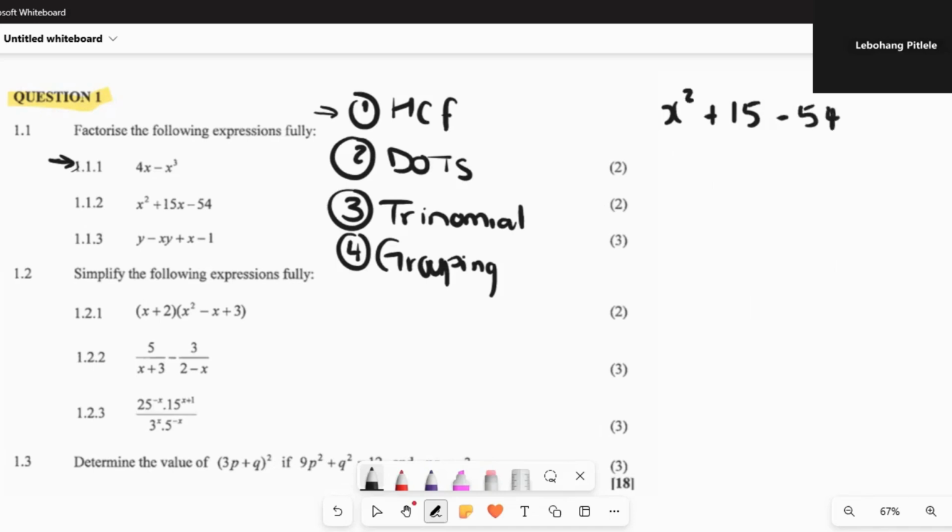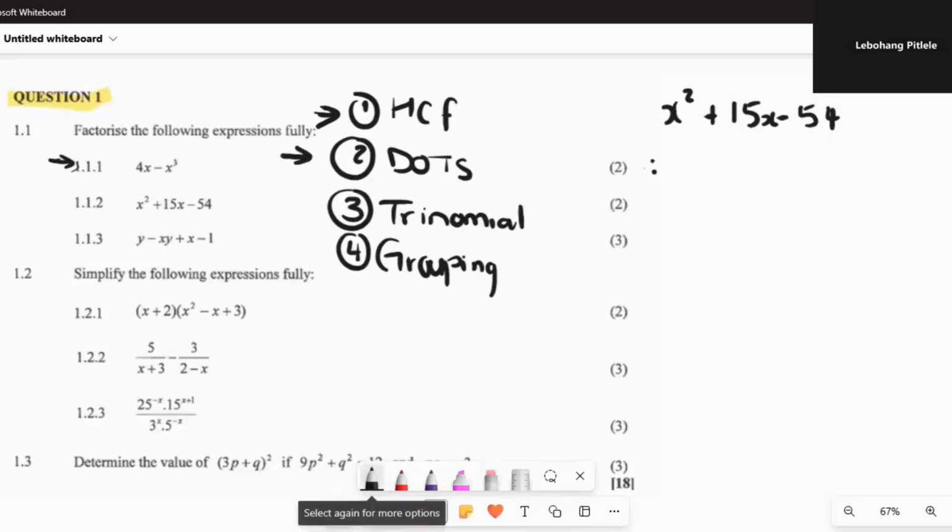And then in this case, we're going to check: do we have any highest common factor? Nope, we don't. Yes, we have an x here, we have x there, but here we don't have an x, right? So we don't have a highest common factor.